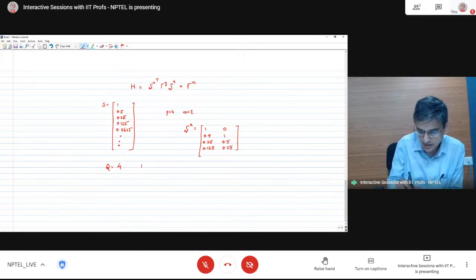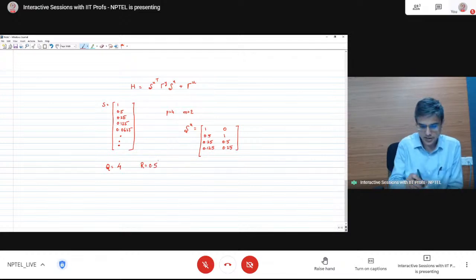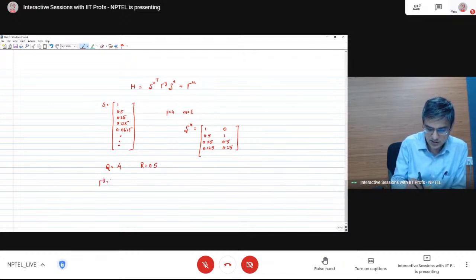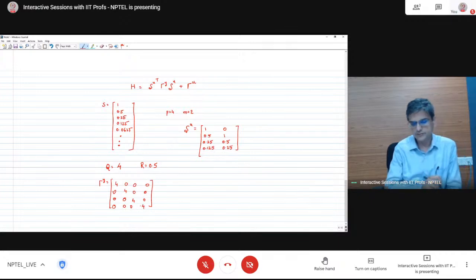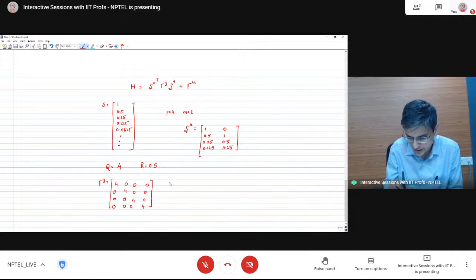Let's say our r is going to be 0.5. In which case gamma y is going to be a 4 by 4 matrix where the diagonal elements are 4. This is going to be our gamma y, gamma u.